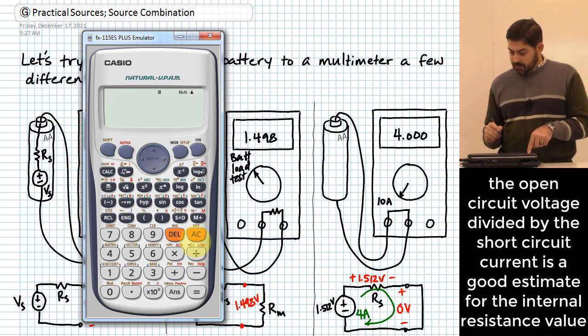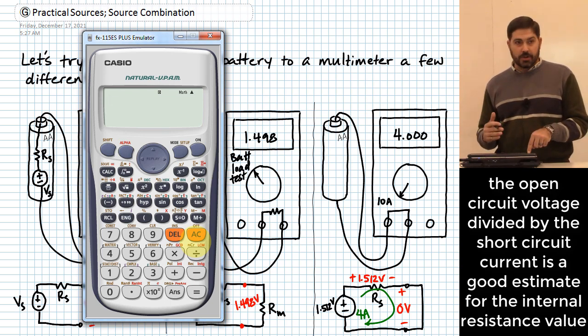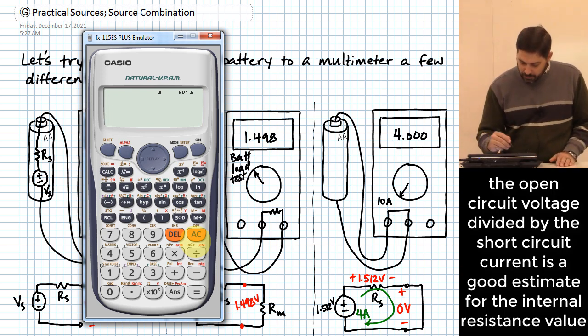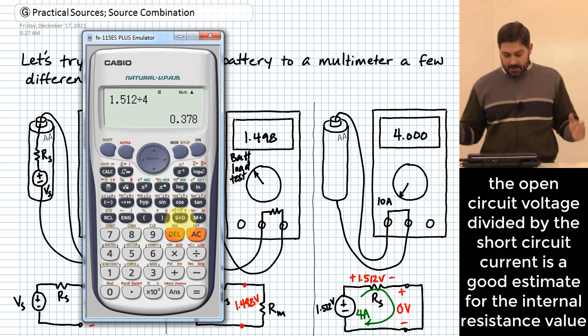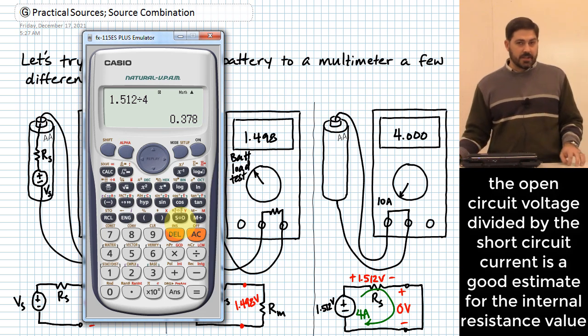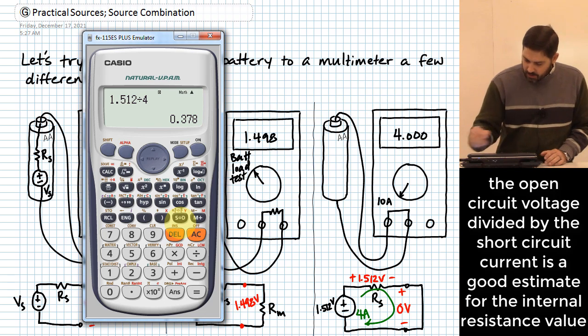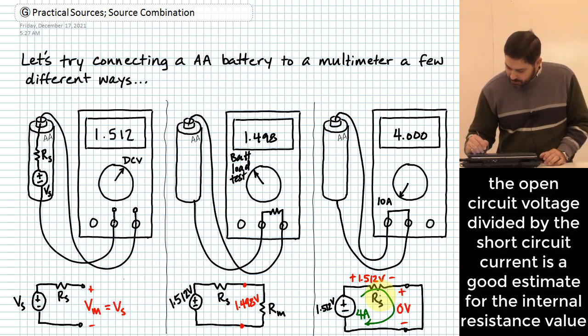Any resistance is going to be a voltage divided by a current, right? So if I take 1.512 volts divided by 4 amps, at least for that test, it looks like the internal resistance of that battery was roughly 0.378 ohms. So we'll say RS is roughly 0.378 ohms.